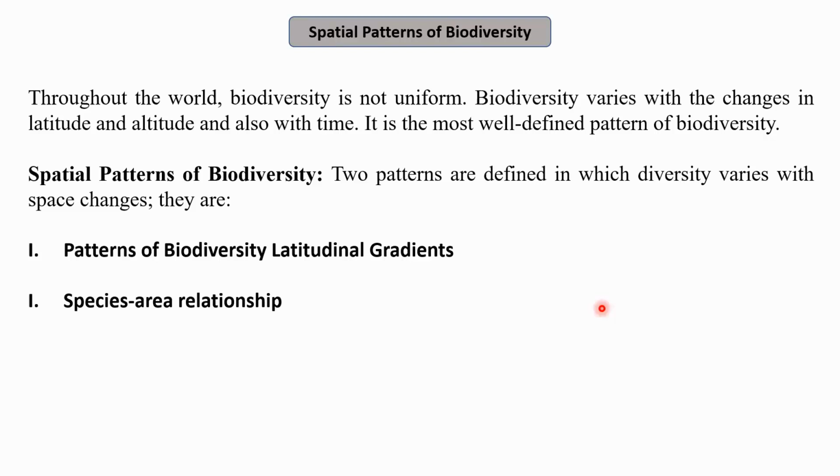So spatial patterns describe the patterns of biodiversity in space, and two patterns are defined in which the diversity varies with the space changes. These two patterns are the pattern of biodiversity along the latitudinal gradient, and the next is the species-area relationship, that is, what is the relationship between the area in which the species are present and the number of species that may be present in that particular area.